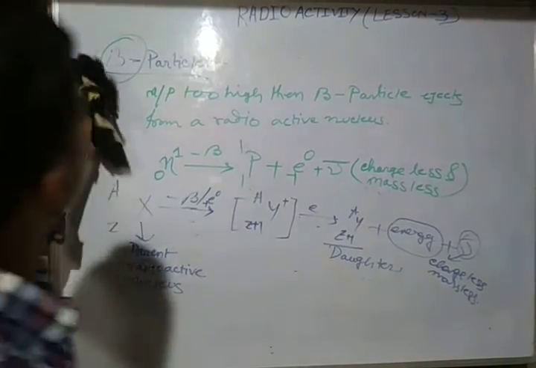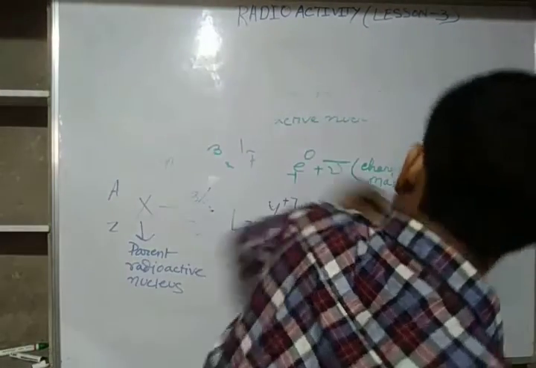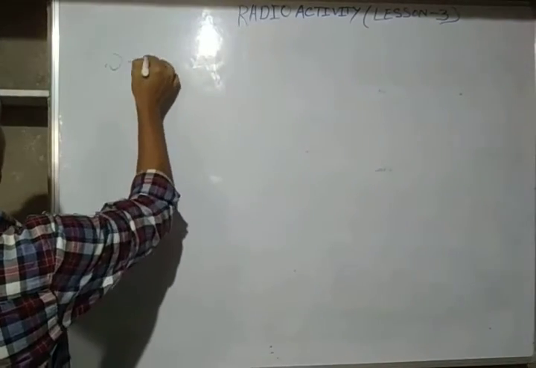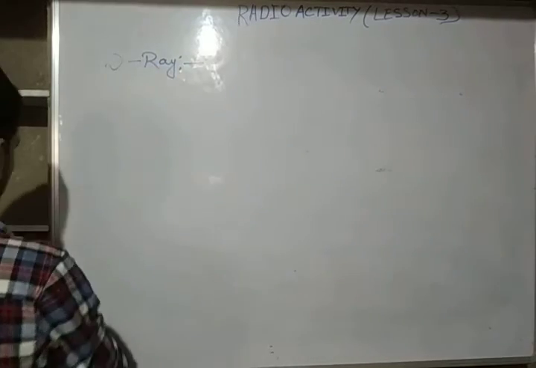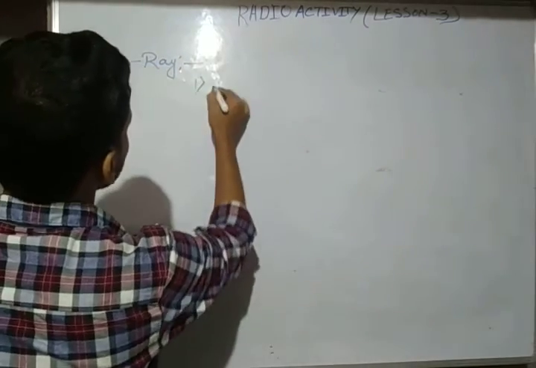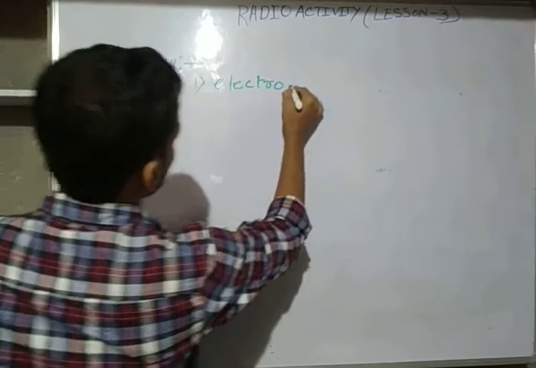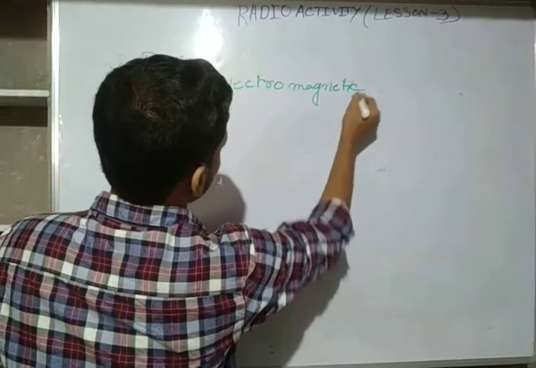Now we come to gamma ray. Gamma ray is an electromagnetic wave.